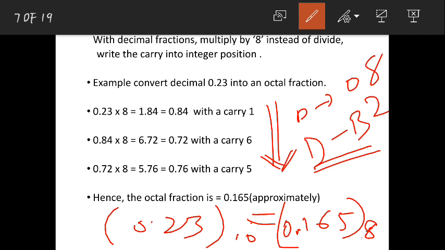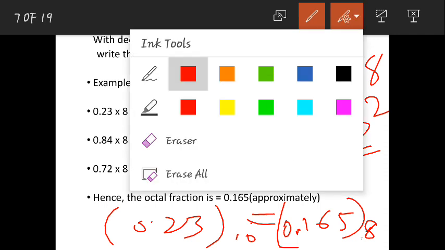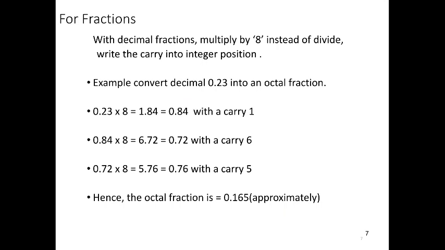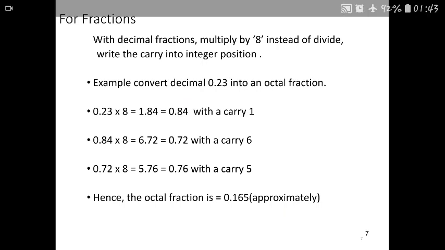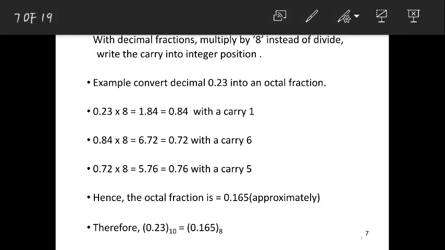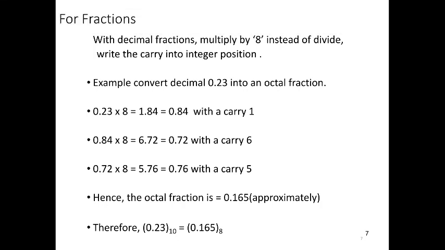So the same procedure you will be doing there. Here they have given the solution. Last line: 0.2 to the base 10 is equal to 0.164 to the base 8.